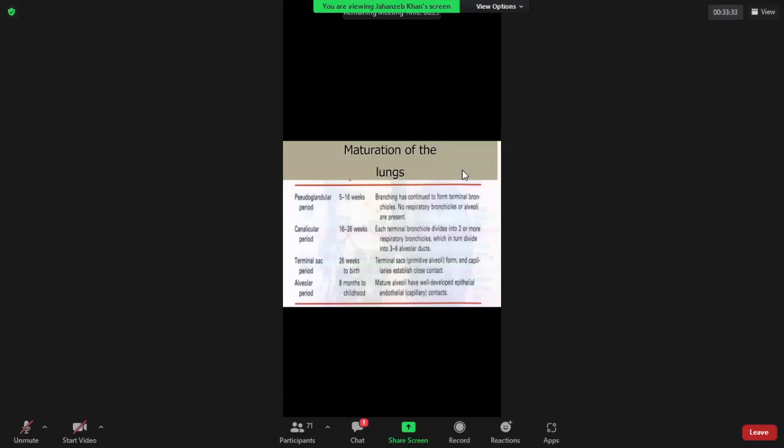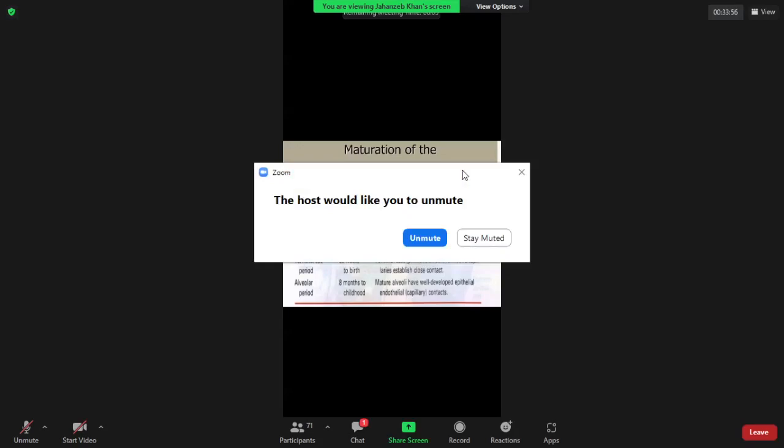So this was all about the development of the lung. If you have any query associated with that, you can ask.